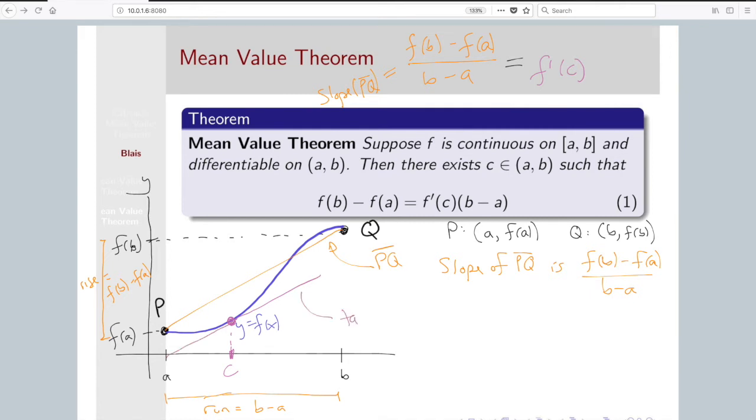So the tangent line at x equals C is parallel to the line PQ.